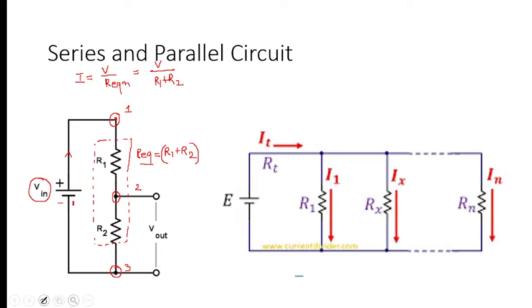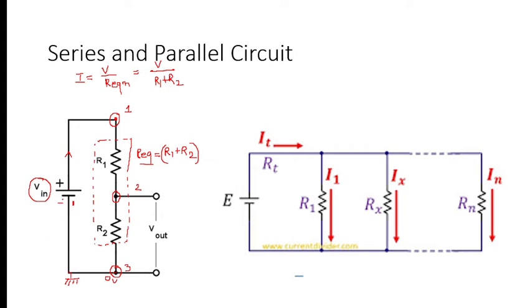So if I make this point grounded, that means this point is at zero potential. The node which is attached to it, because it is the same wire, is an equipotential point. So at 3 this is having zero potential.